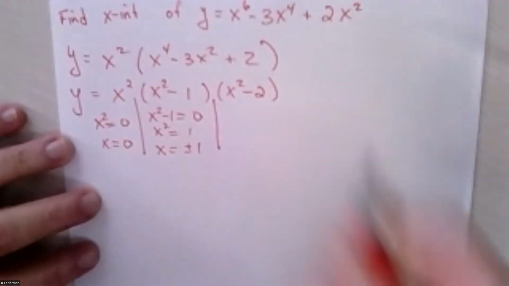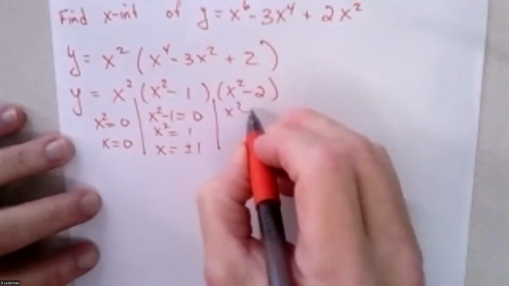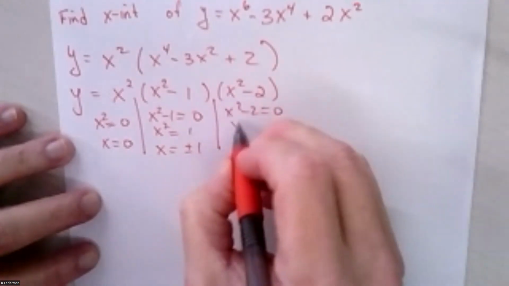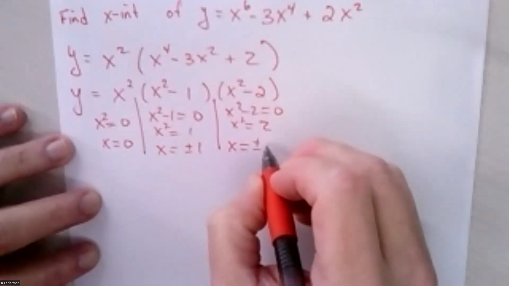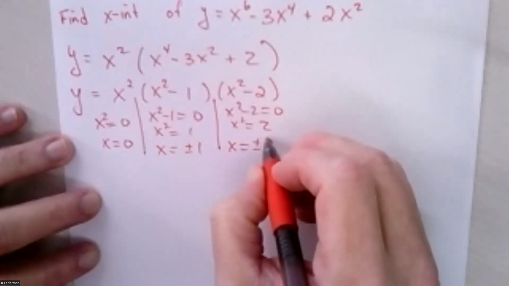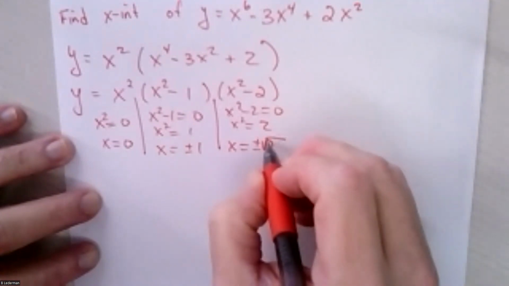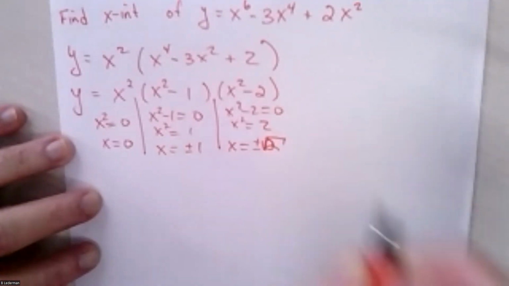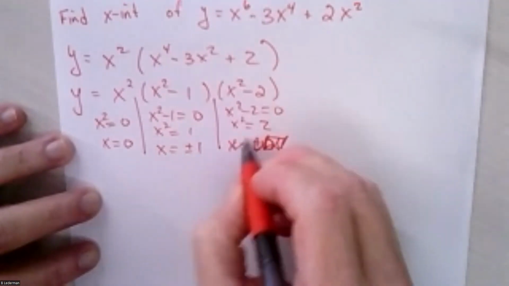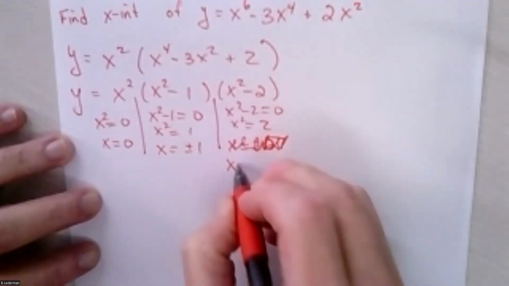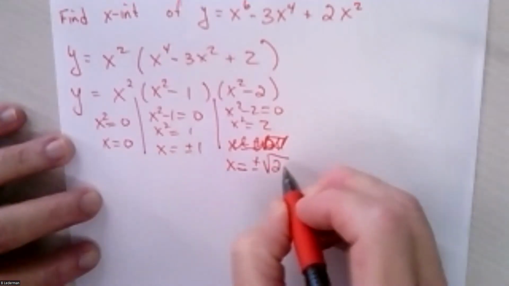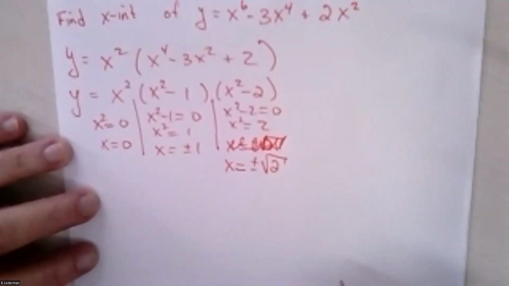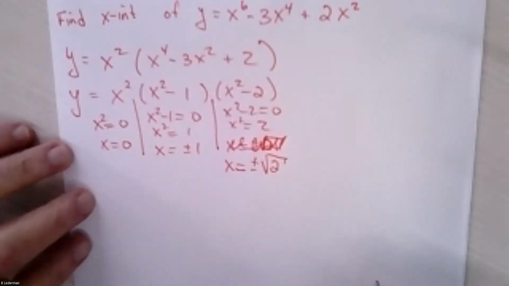And if x squared minus 2 equals 0, then x squared equals 2, and x equals plus or minus the square root of 2. And there you go.